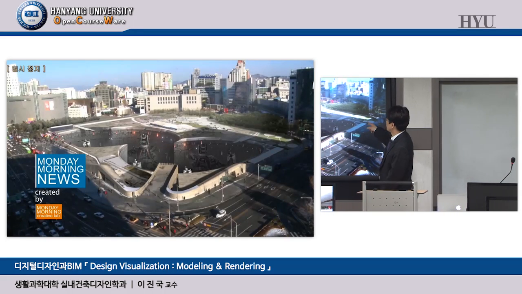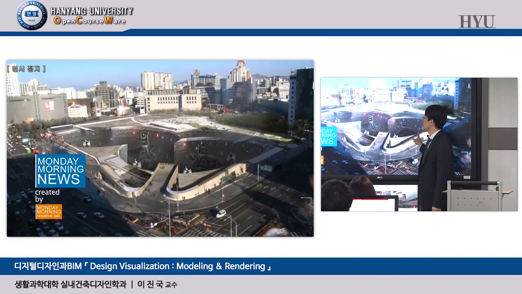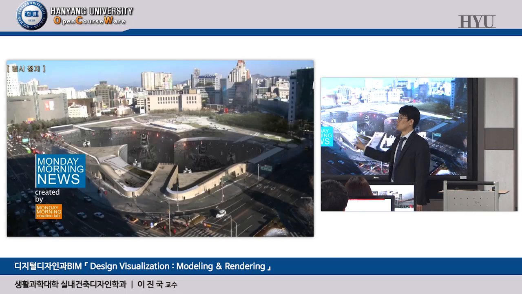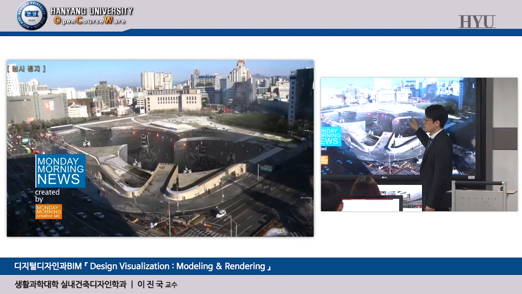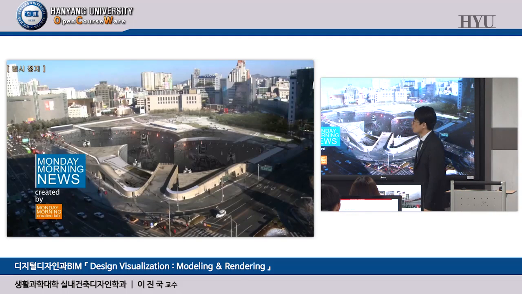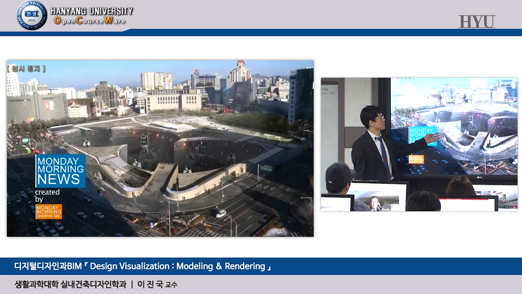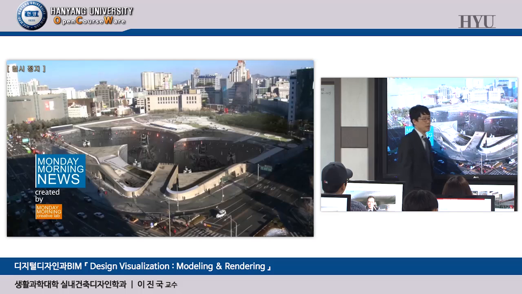Okay, this is the site for DDP. Okay, I told you this is just for fun, but do you know what was placed in this area? Of course, Dongdaemun Baseball Stadium. Okay, very old building. The building demolition happened long ago, more than 10 years ago, and DDP was designed for this area.